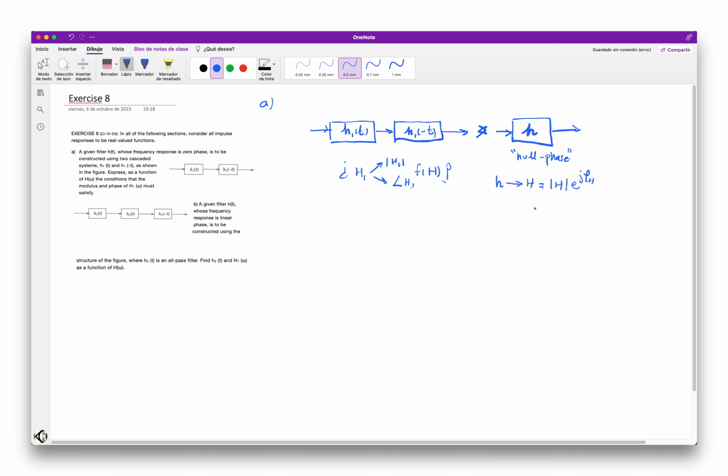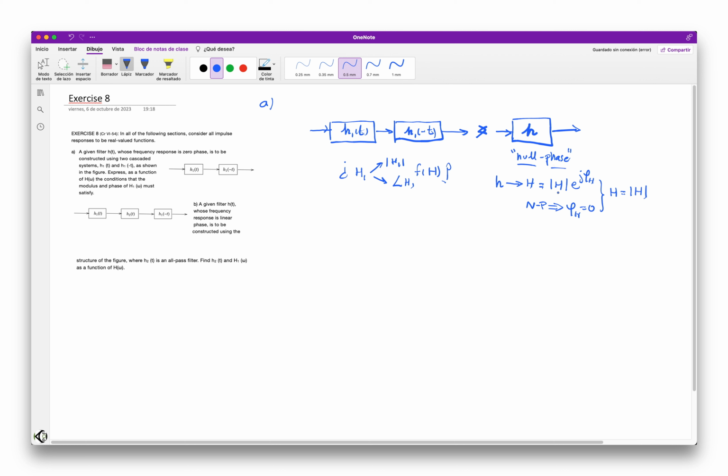Null phase means that the phase is null, so the frequency response of the system H is just the modulus of H. In other words, the phase is always zero, the response is real. It has no phase. It's a real function of the frequency omega. This is what null phase means.